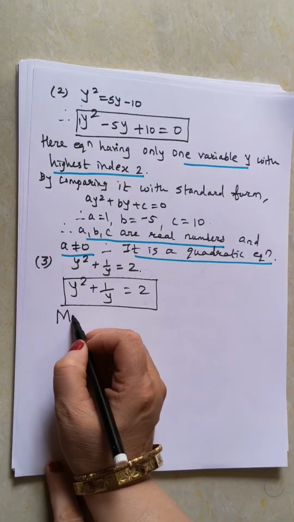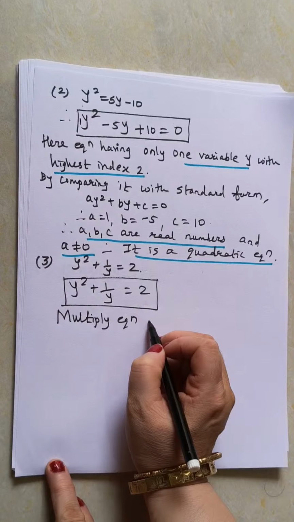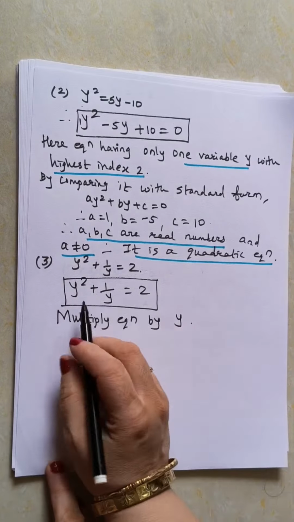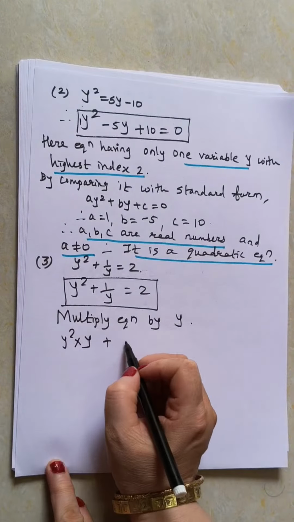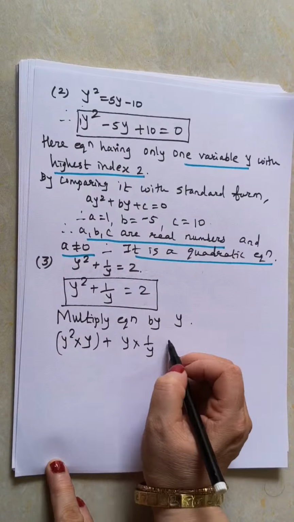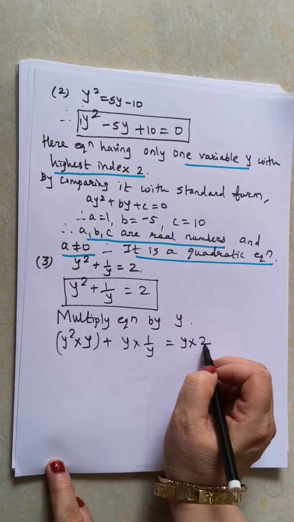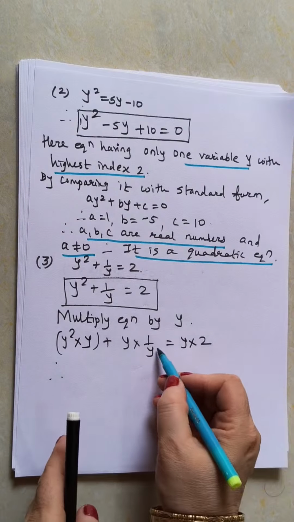So y square into y plus, this is the first term, then y into 1 upon y, and y into 2. So see here, Amrut and Pranjal and Piyush, good, you have replied to me.